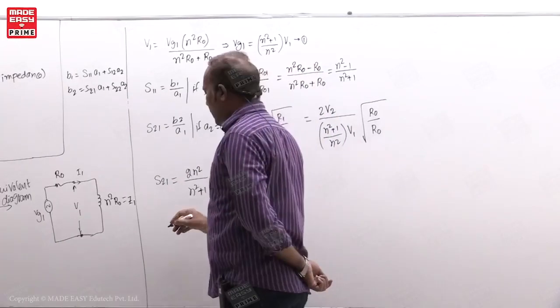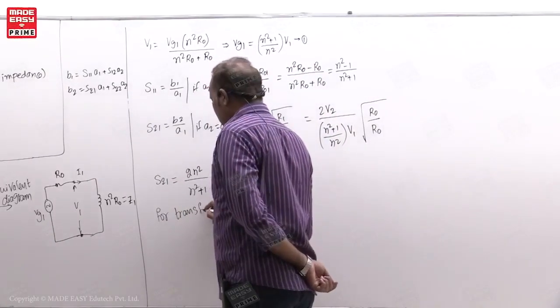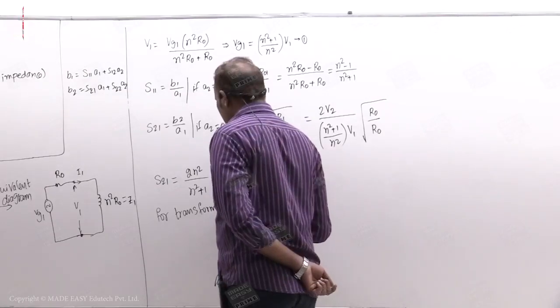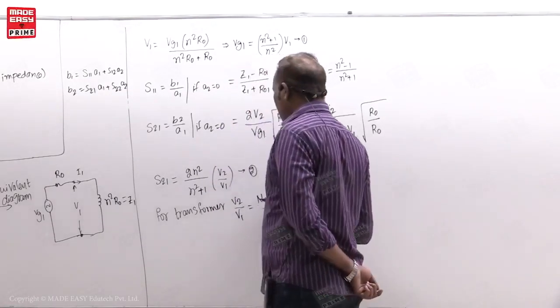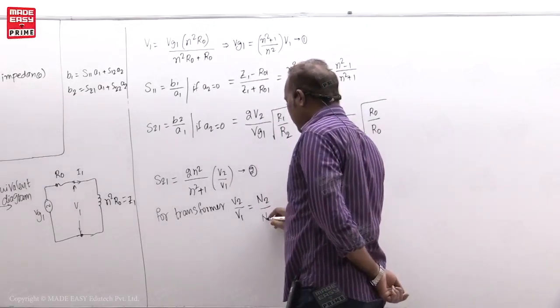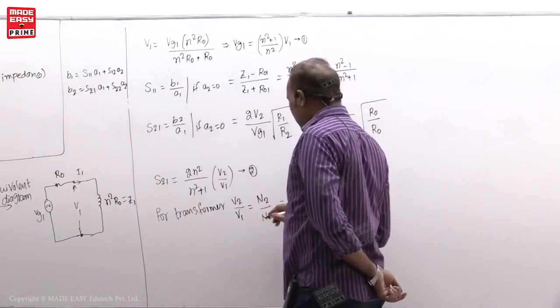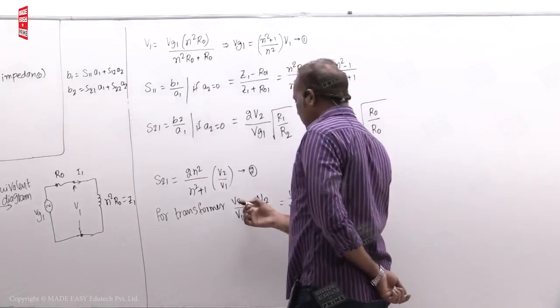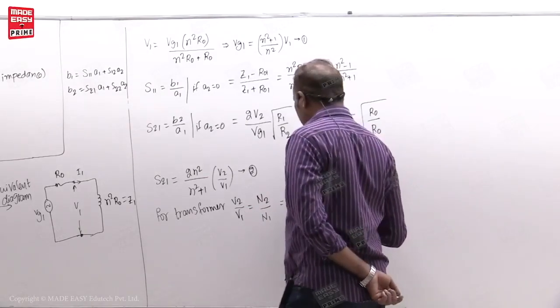You know that for a transformer, V2 by V1 ratio is N2, number of turns on the output side, divided by number of turns on the input. Now that is given as N2 is 1 here and N1 is N. So V2 by V1 is 1 by N here. Say this is 3.